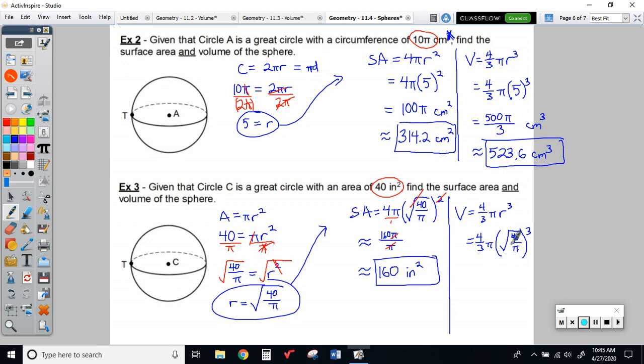So that's 40 over pi, square root of that, cubed. Use the calculator to approximate what that is from there. So this one would be about 190.3 inches cubed since it is a volume. Careful with those units. Surface area squared, volume cubed. Finally, example 4.